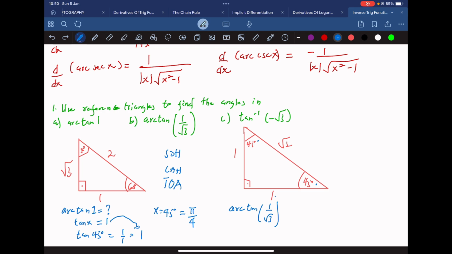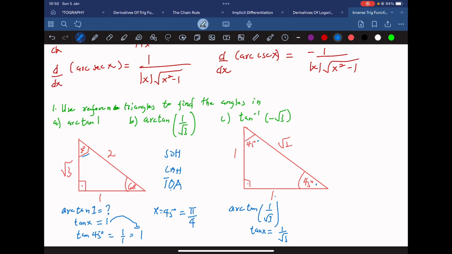So what we are interested in is, we want tan of x to be equal to 1 over root 3. So we have to use this angle, right? What is the tangent of 30?